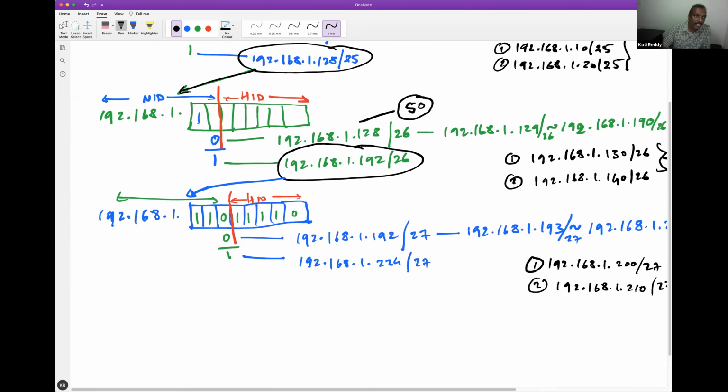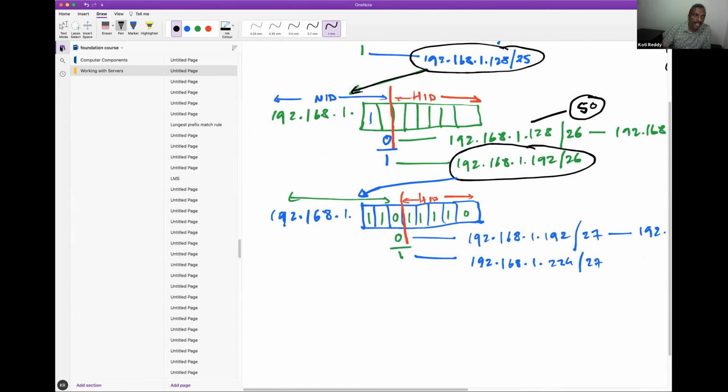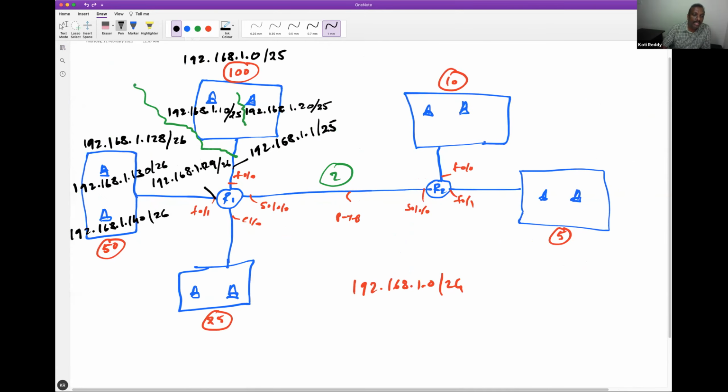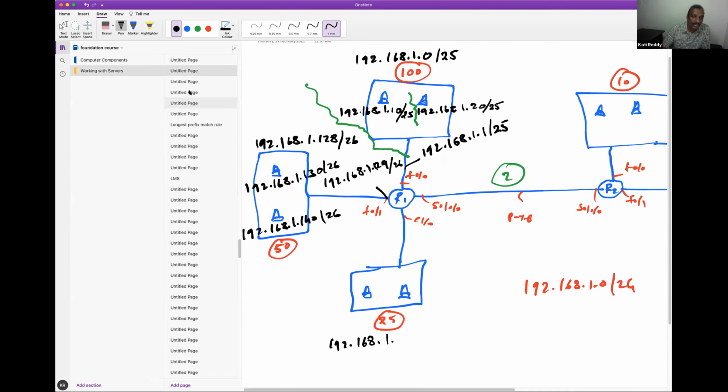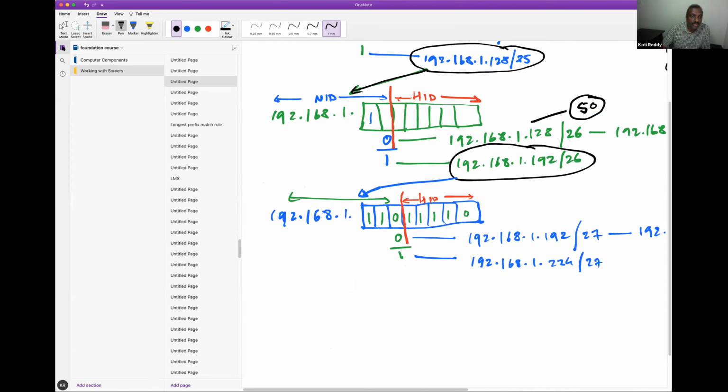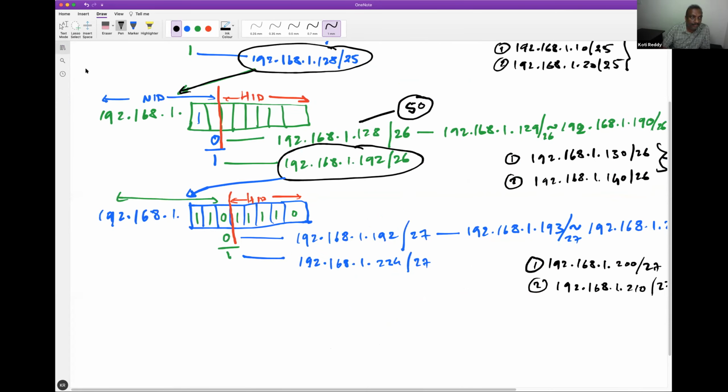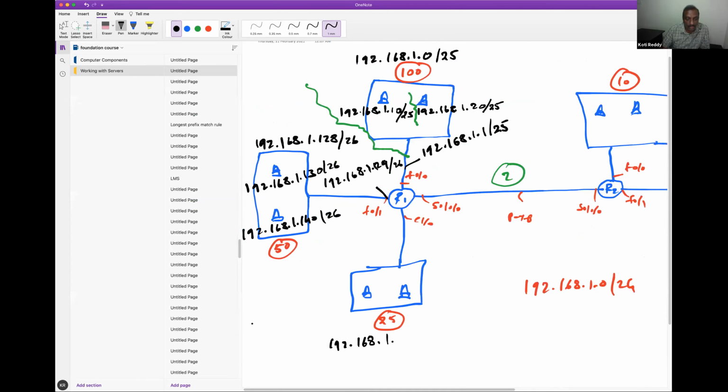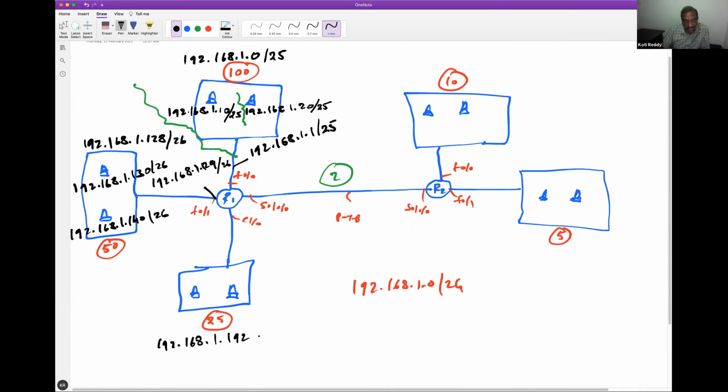So I take this network ID here as 192.168.1.192/27. In that I take this address as 192.168.1.193.